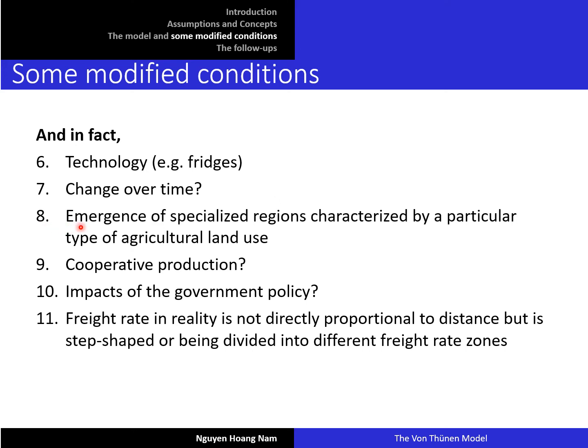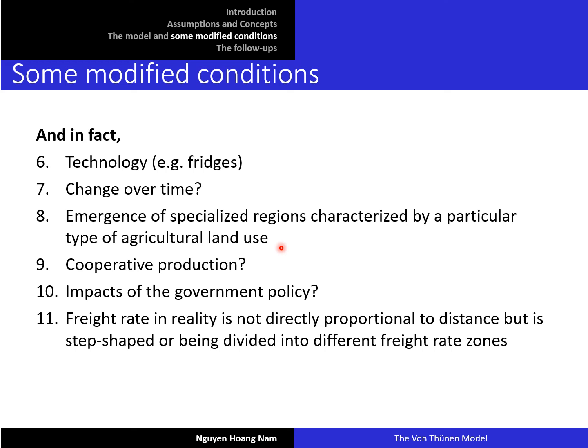Eight. Emergence of special regions characterized by a particular type of agricultural land use. Agricultural land use might be changed because we have many different types of agricultural land, and due to the climate, they can be changed. One example is the Mekong River Delta.